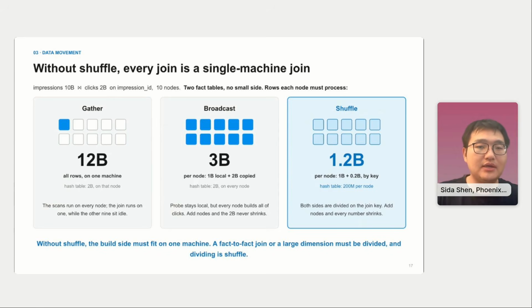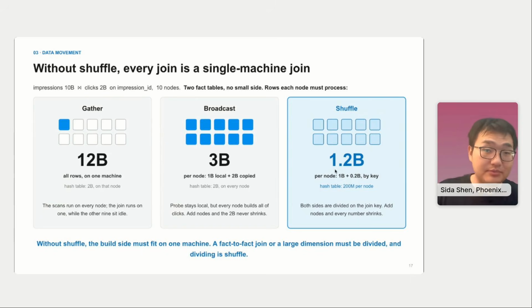But with shuffle, you pay in network IO, but that's scalable, and you have a lower bottleneck per node. Let's say you still have 10 nodes. Then you have 1B from the impressions table and 0.2B from the clicks table, because you can dynamically shuffle the data to all of your nodes.